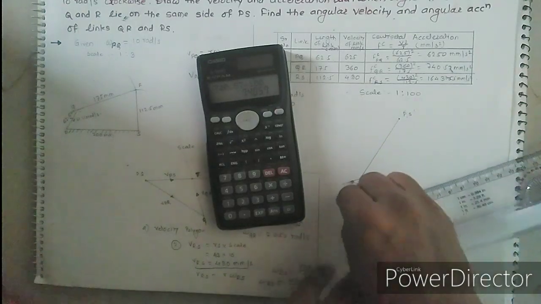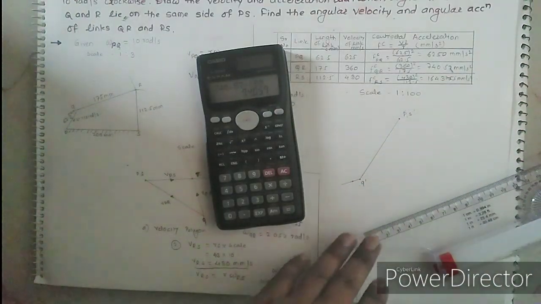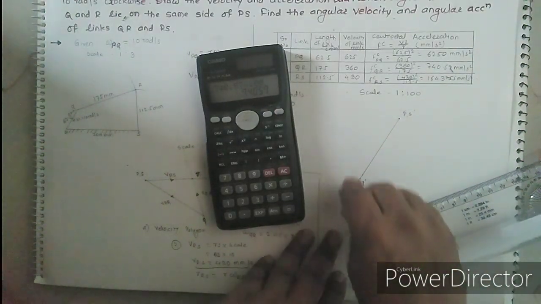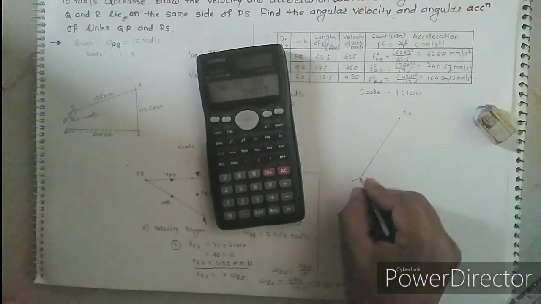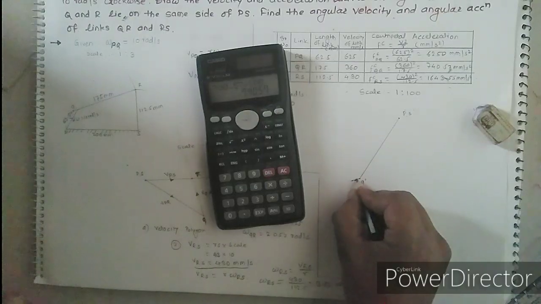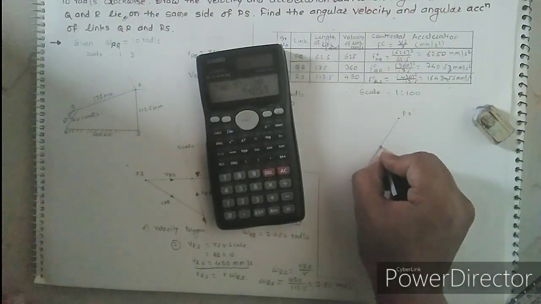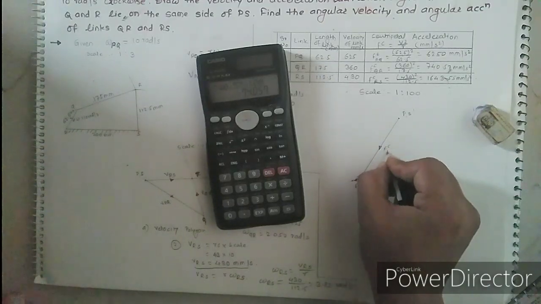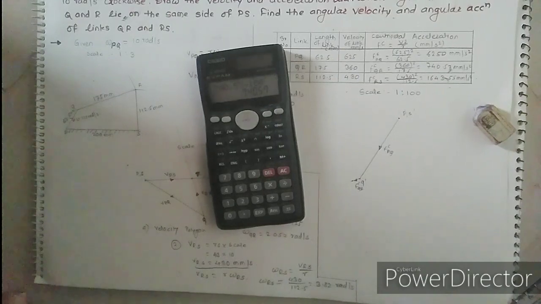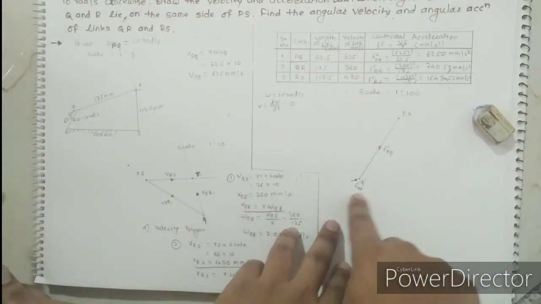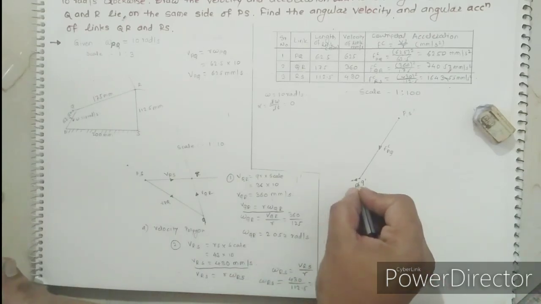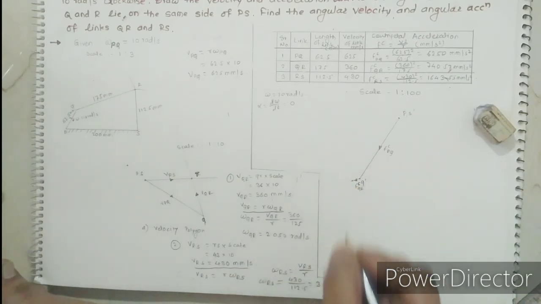Here I have marked the 0.7 centripetal acceleration. This is the FCQR. This is FCPQ. Now I have drawn the centripetal acceleration.